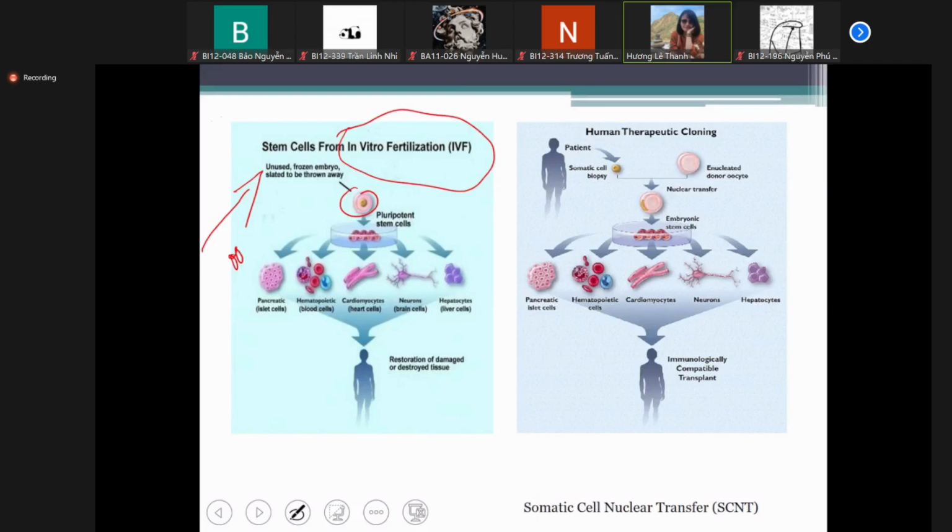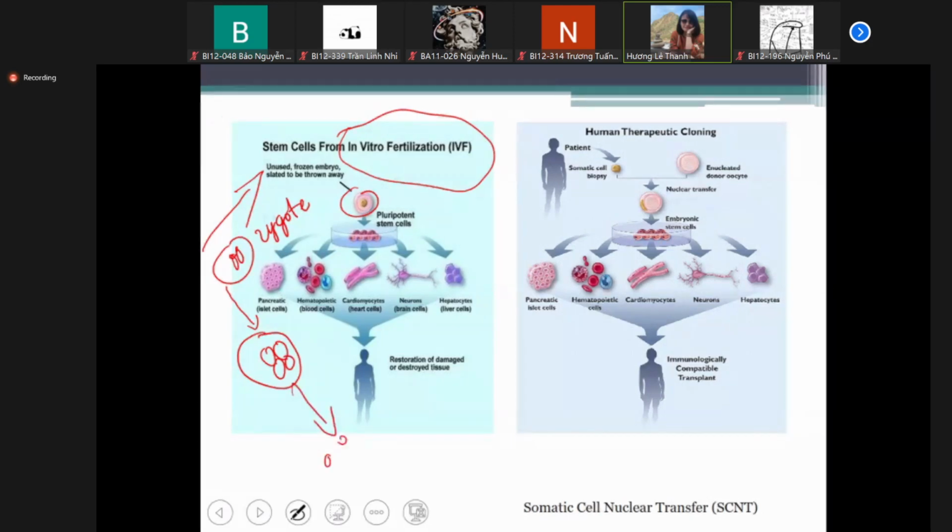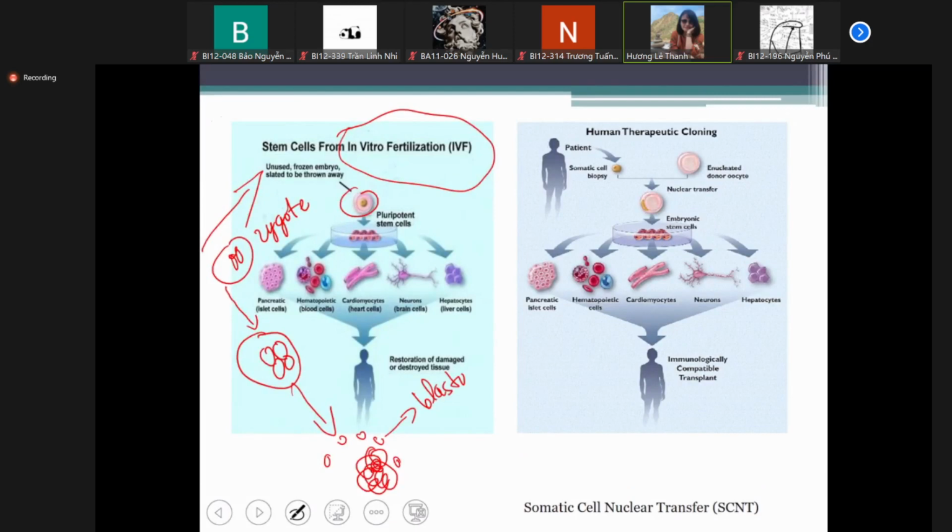Through mitosis, the number of cells inside the zygote increases, and by several types of cell divisions, they make a blastocyst. Inside the blastocyst, you have the inner cell mass, which we call embryonic, and they are stem cells.